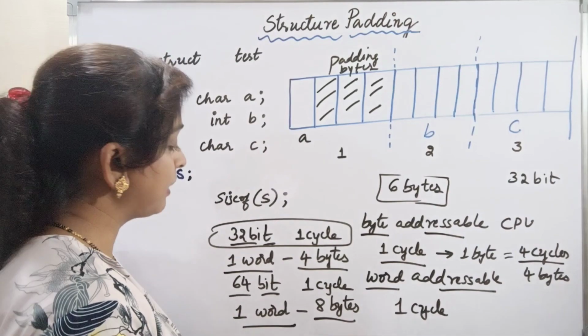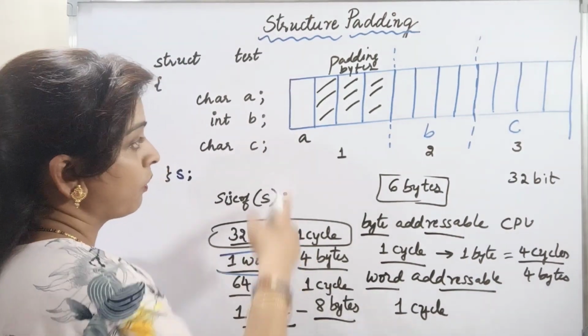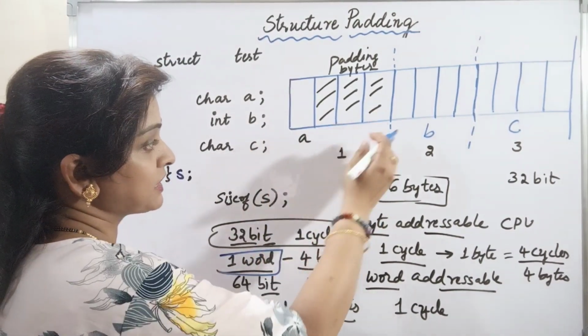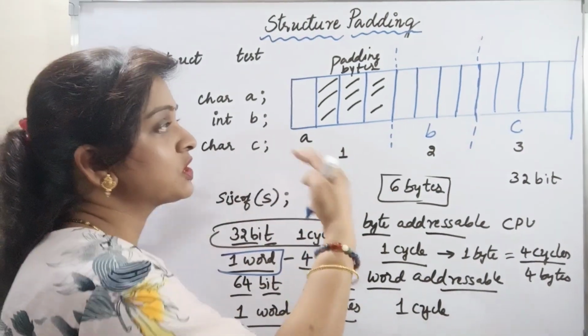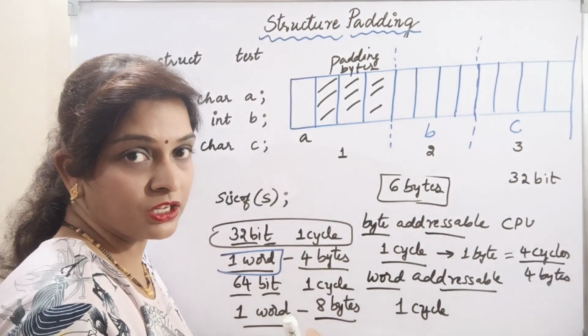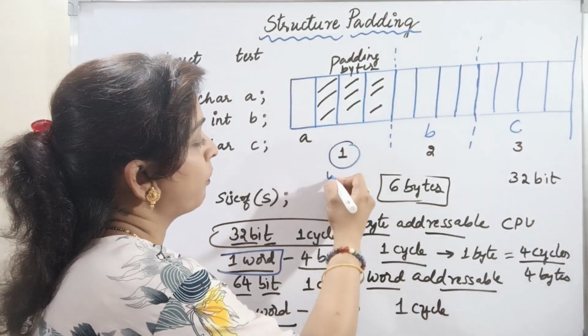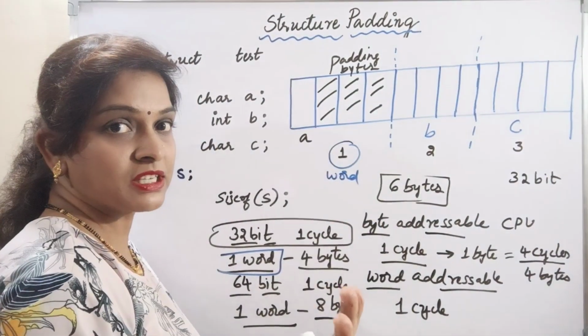So the character takes 1 byte, and the remaining 3 extra bytes will be added so that it can be called one word.